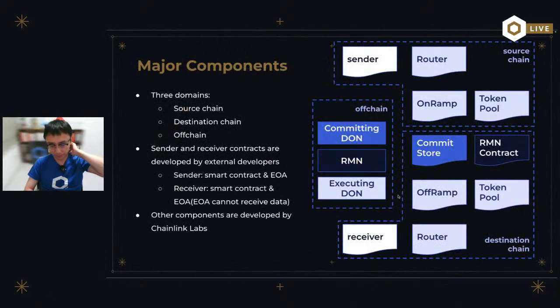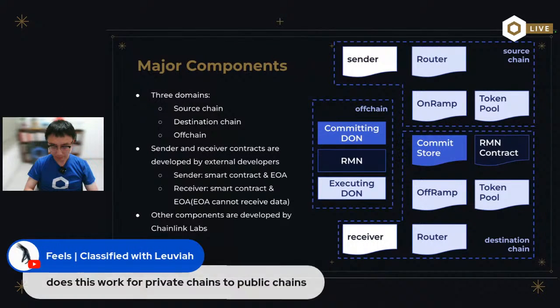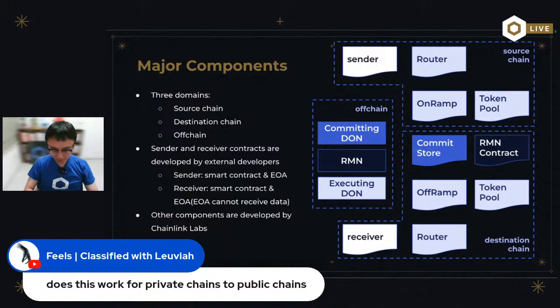So yeah, I saw a question asked by Fields. Okay, so good morning, Fields, or good night, Fields. You're asking, does it work for private chains to public chains? Actually, yes, this can work for private chains to public chains.